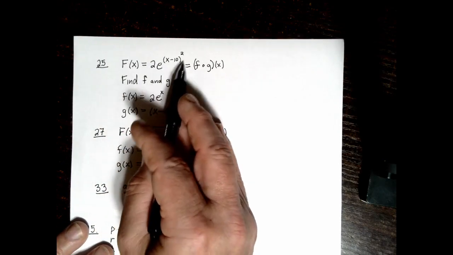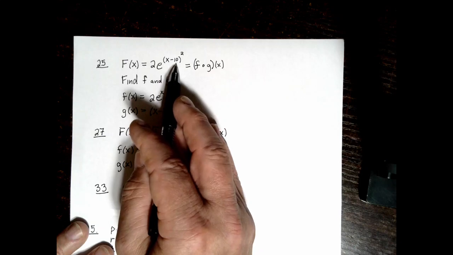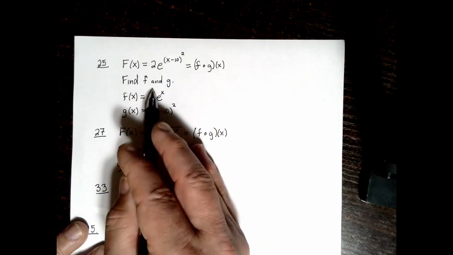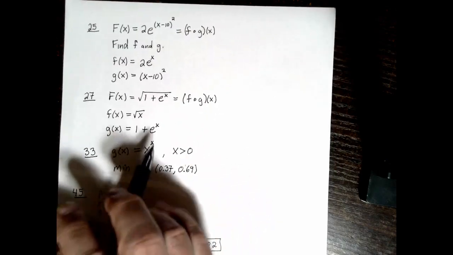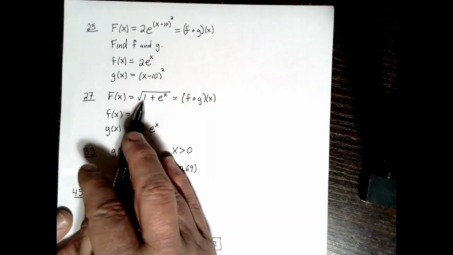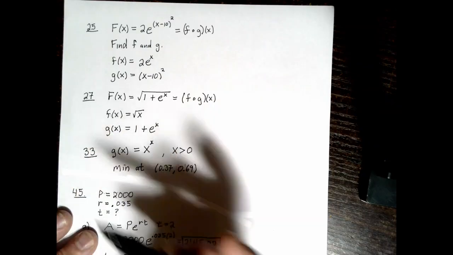So you pick a portion of it to be your g, label it g, and then you replace it with an x, and that will be your f. And so this one, you can let g be the 1 plus e to the x, and when you replace that with an x, you get f is square root of x.